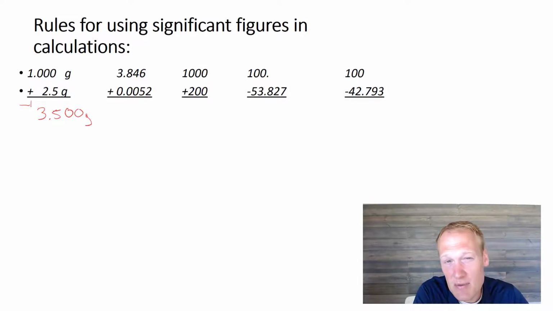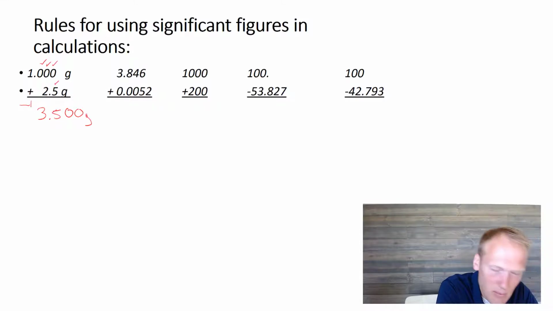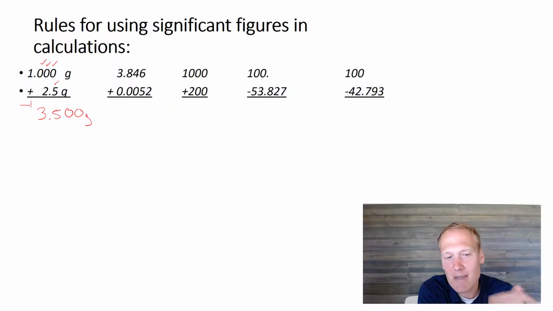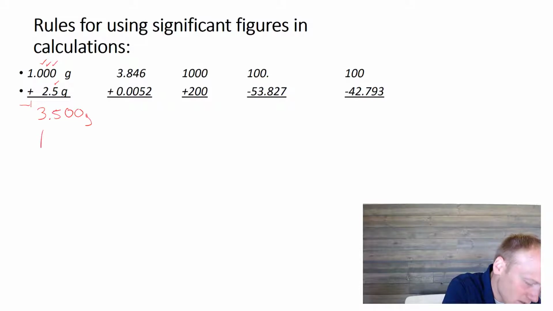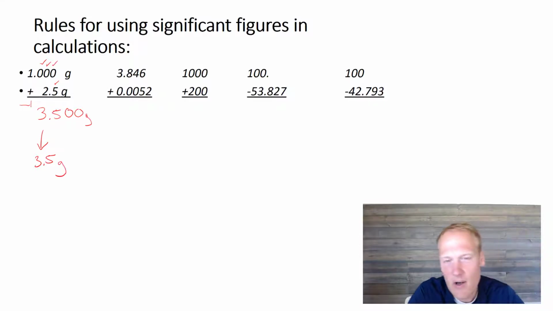But with addition and subtraction, we're looking to the least number of digits to the right. This number has 1, 2, 3 digits to the right of the decimal. This number only has 1. What that means is our answer must be rounded so that it matches that and only has 1 digit to the right. We can only be as precise as our least precise measurement.